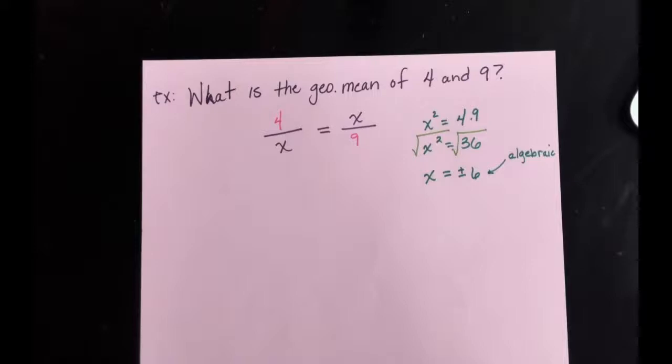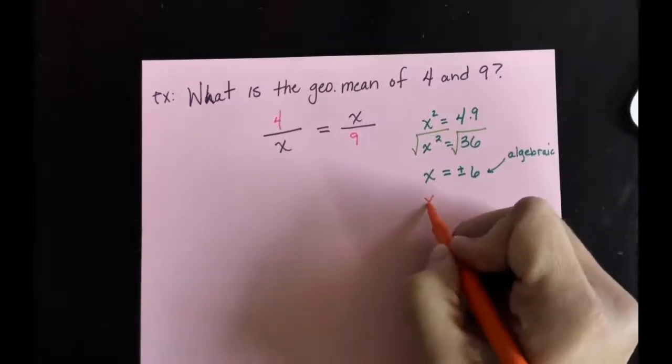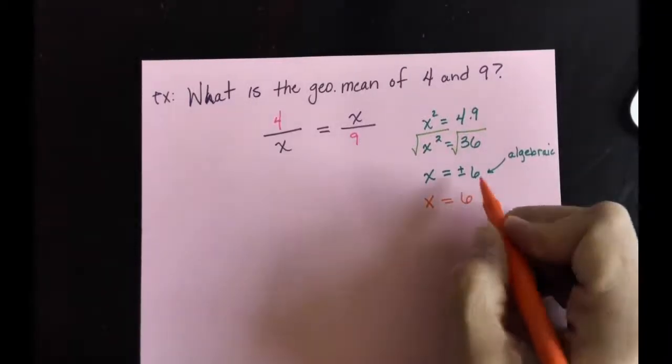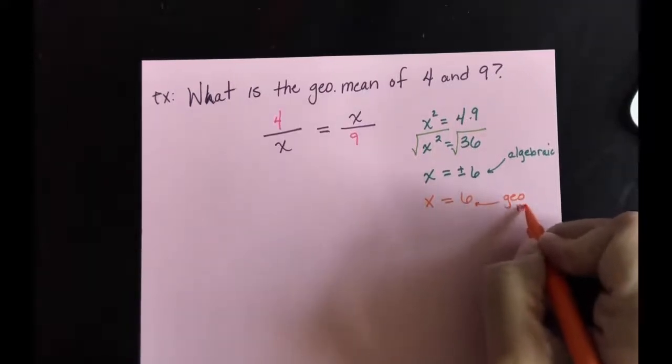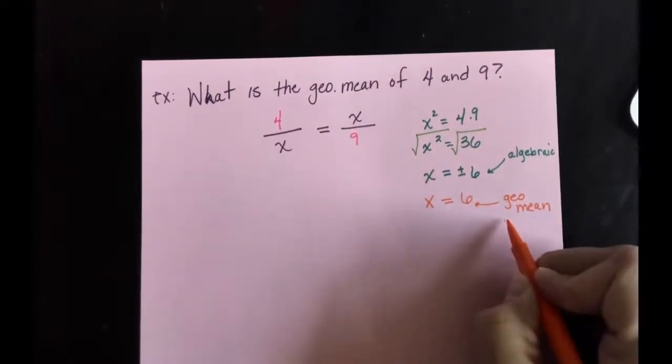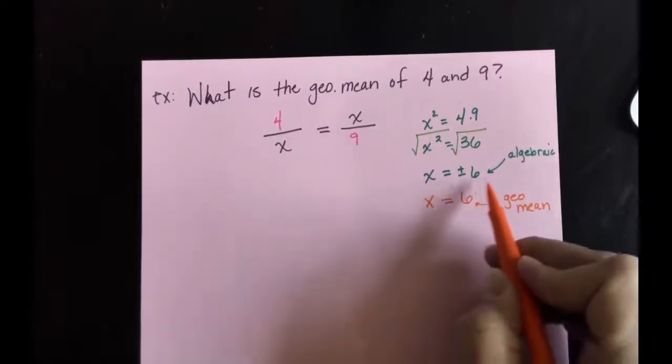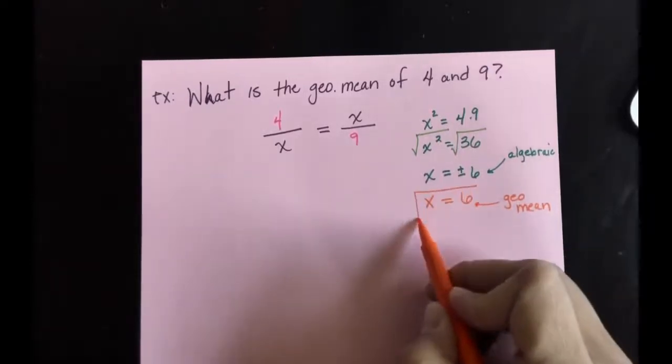You need to account for both. However, remember that a geometric mean is an actual length. So don't be surprised if now 6 is just your only answer, because a geometric mean is an actual segment.